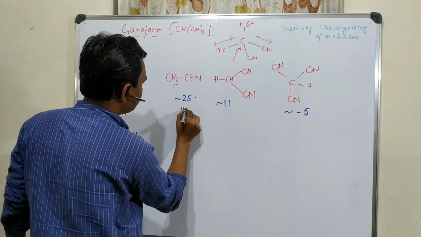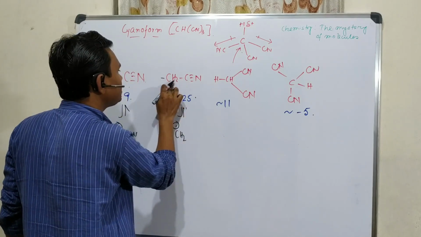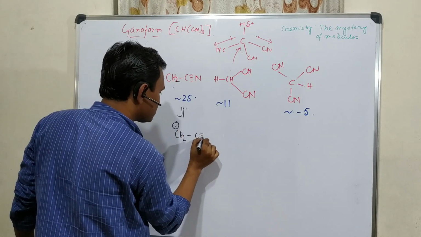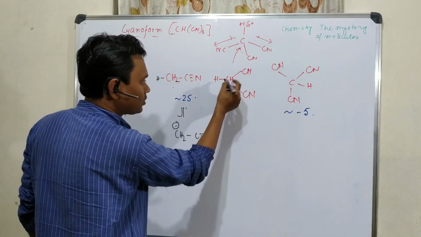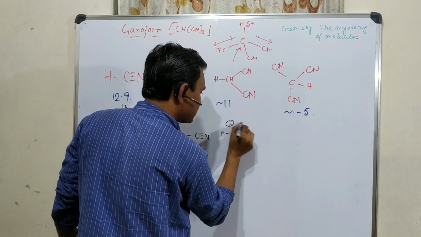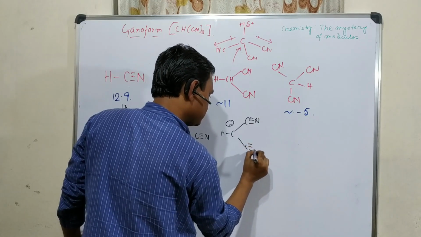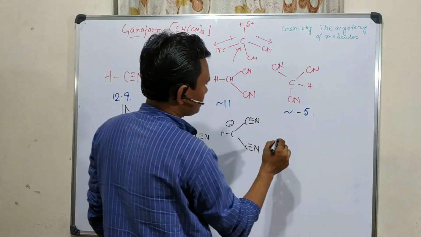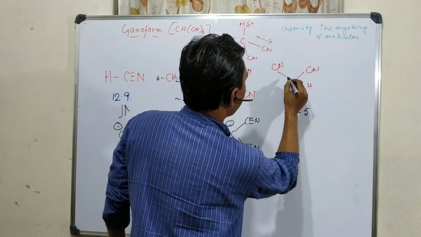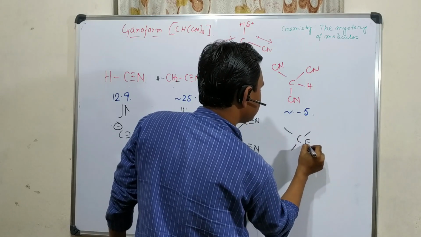Here acetonitrile's conjugate base is CH2 minus, because the proton is eliminated from here, so CH2, C triple bond N. Here malononitrile, minus here and attached to two cyano. Another here, three cyano.